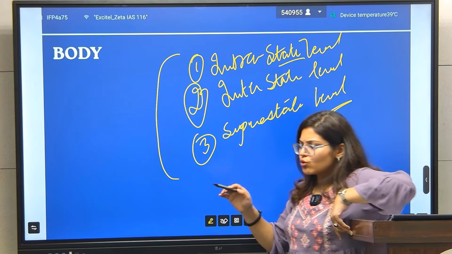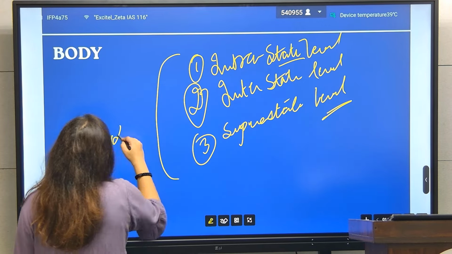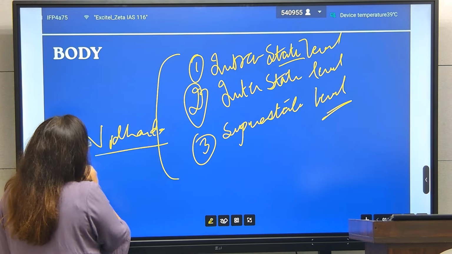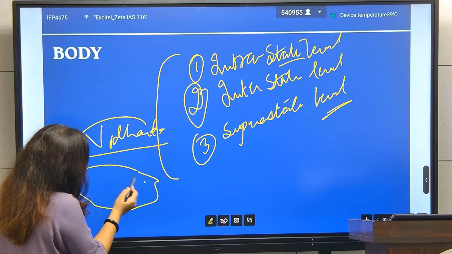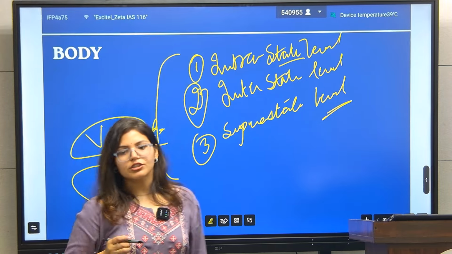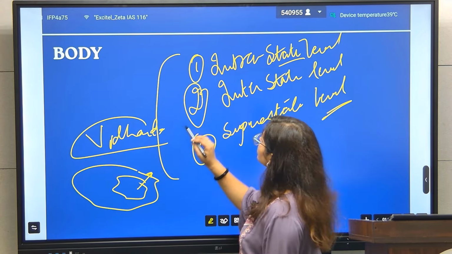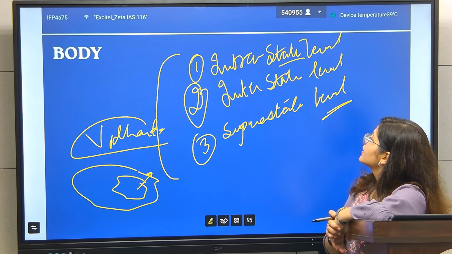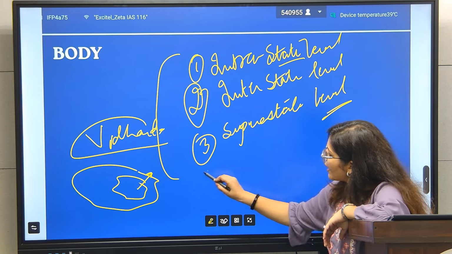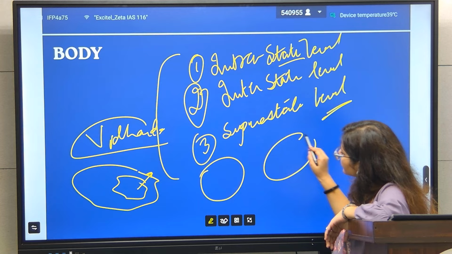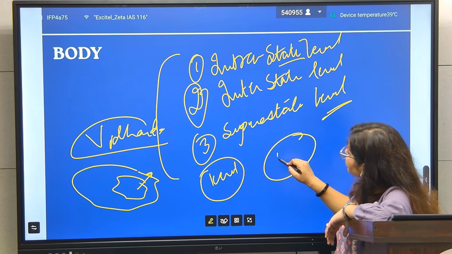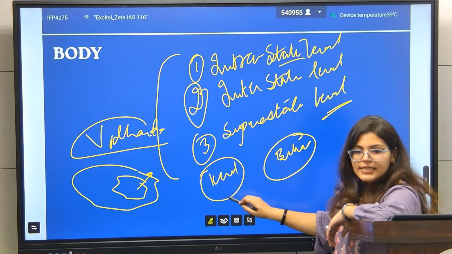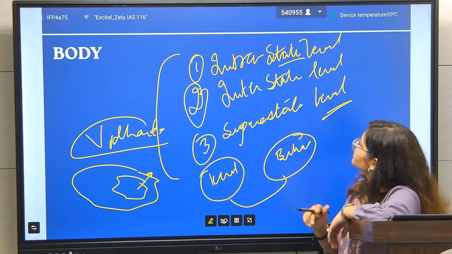Intrastate level, you know, Vidarbha. So within a state, there are some people demanding another state. So this is intrastate disparity. Then the interstate. I'll give you the example of two states, Kerala and Bihar. Literacy rate, so there exists a disparity.